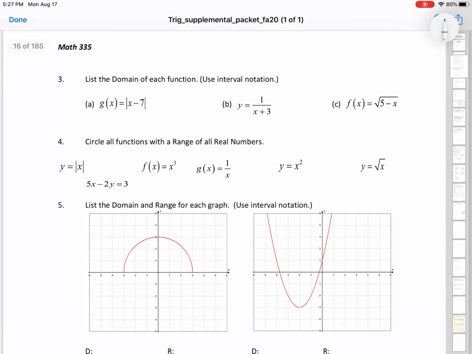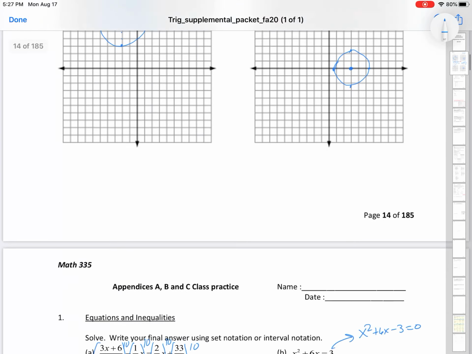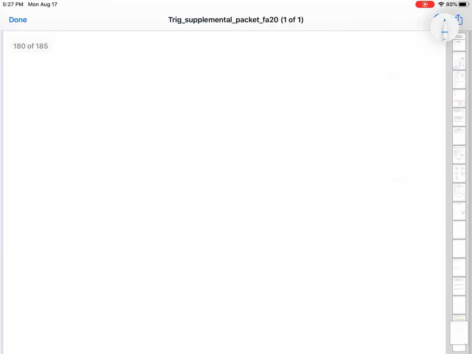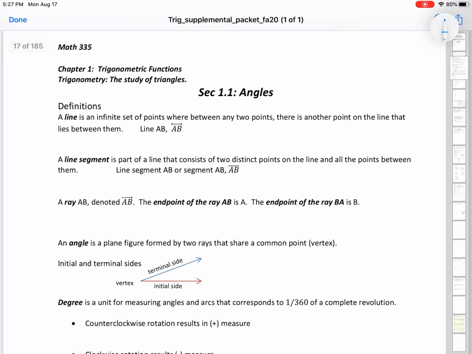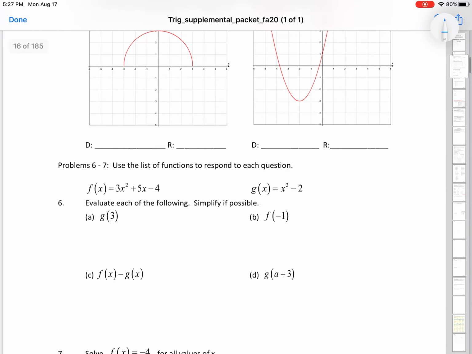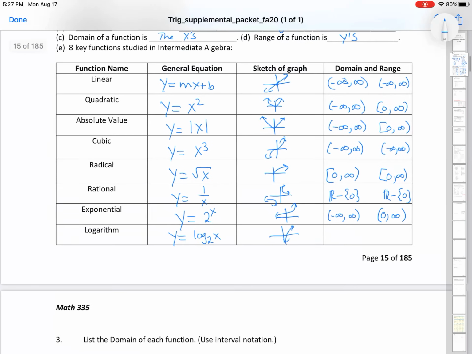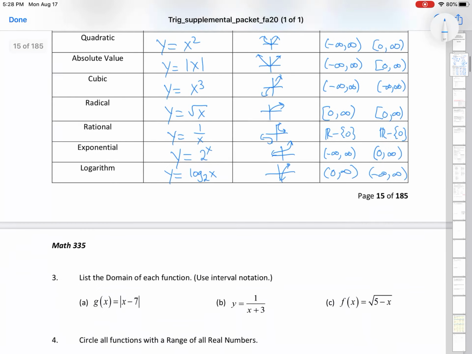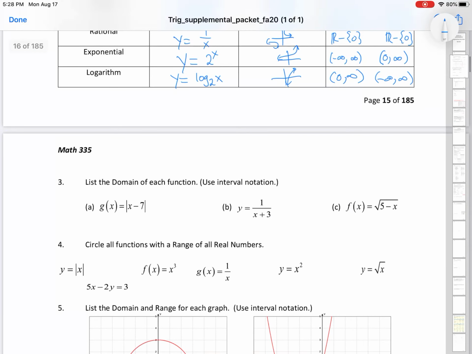If my hand slips over there and touches that, I'll come on down to where we're at. Got to be careful there. The domain is from 0 to infinity, and the range is from negative infinity to infinity. Not, in my mind, so important that you know the logarithm graph, but they are bringing it up here.